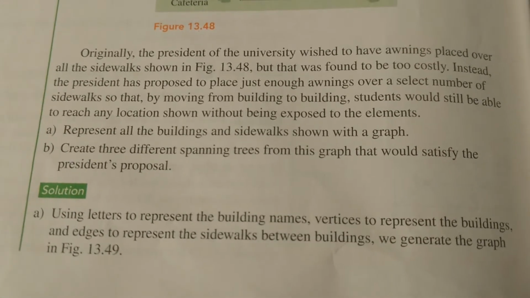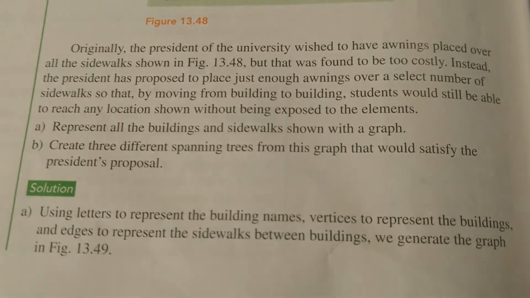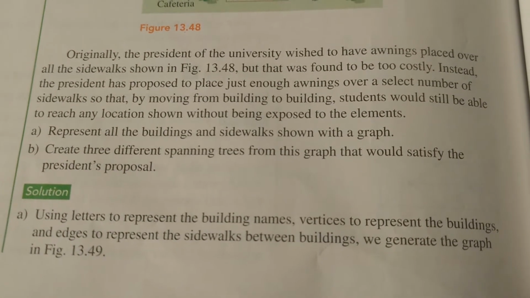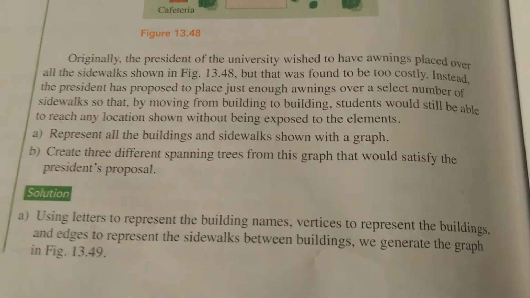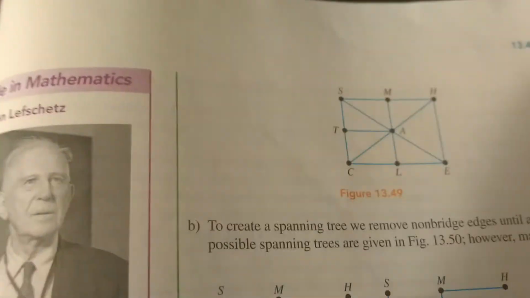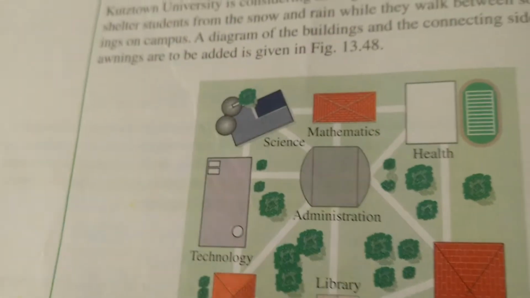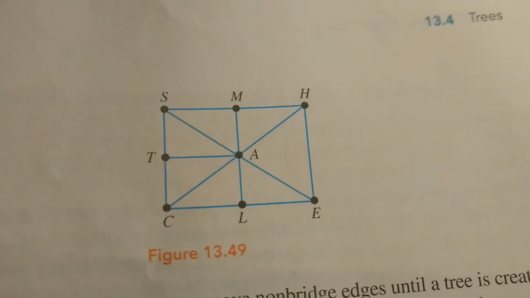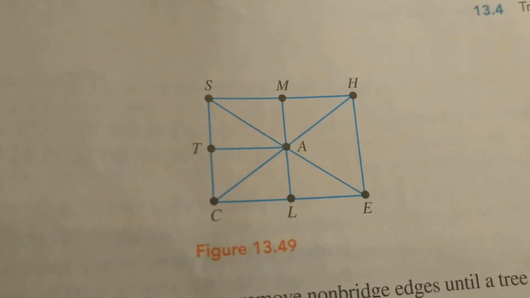Letter A. Represent all the buildings and sidewalks shown with a graph. B. Create 3 different spanning trees from this graph that would satisfy the president's proposal. All right, so first of all, it's pretty easy. The graph, we just make all these buildings vertices and just connect them in terms of the sidewalks.